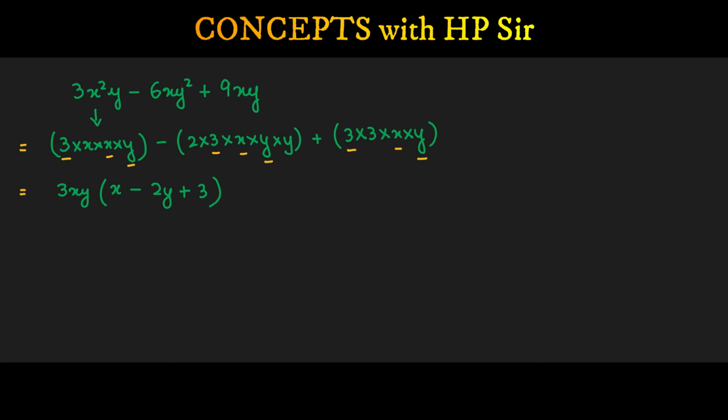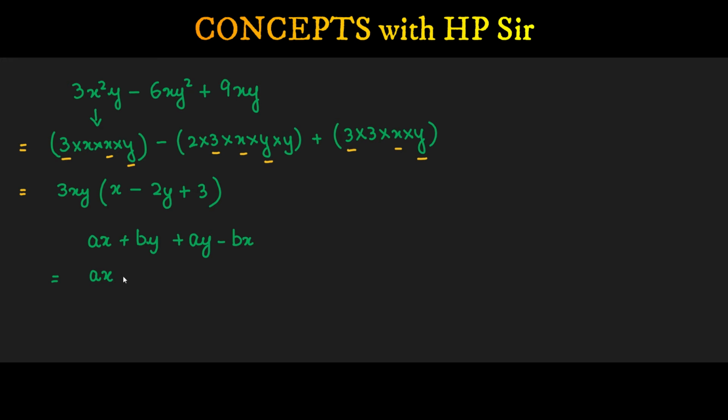Okay, so moving on, let's take another example. Suppose the expression is ax plus by plus ay minus bx. Okay, so now in such questions we will group similar looking terms together.